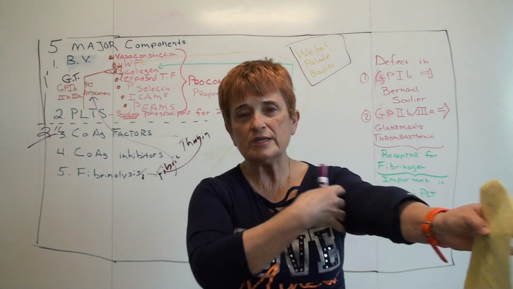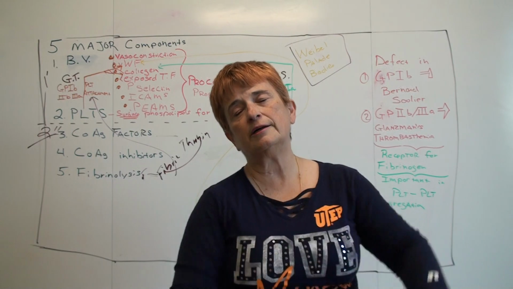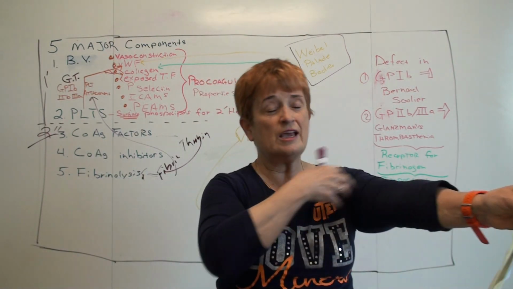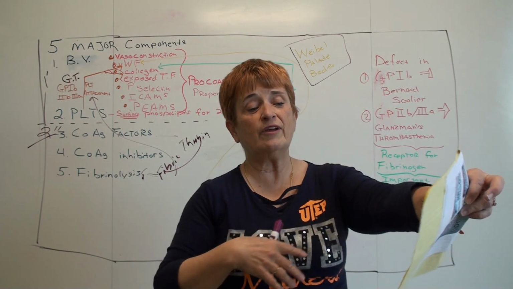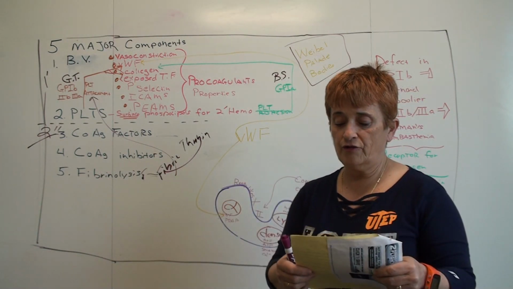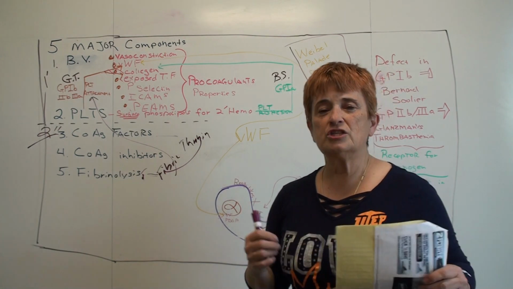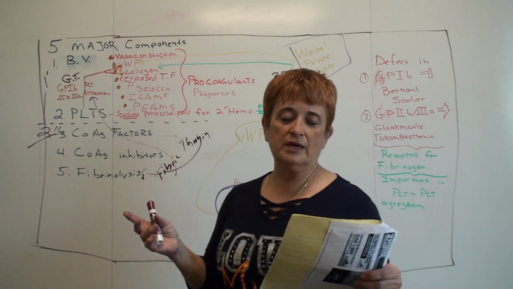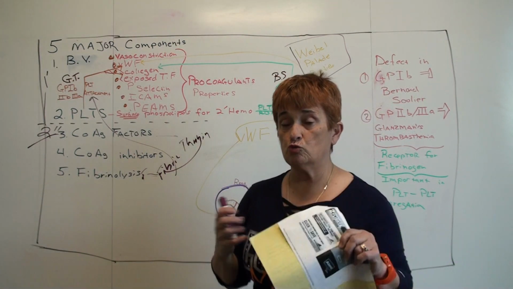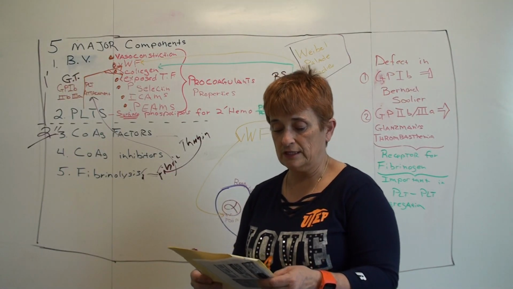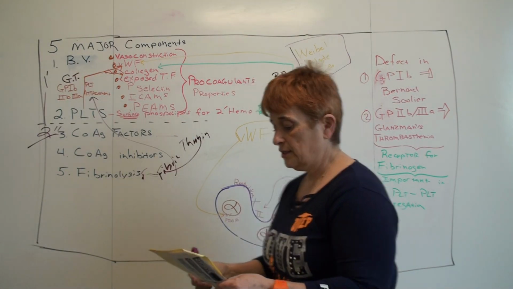I mean, shear stress, like say I've got cholesterol and stuff, and I've got stress with cells coming through the blood vessels, or really hard exercise. There are some drugs, infusion of DDAVP, and even with adrenaline, some of this von Willebrand's factor can be released. All right.